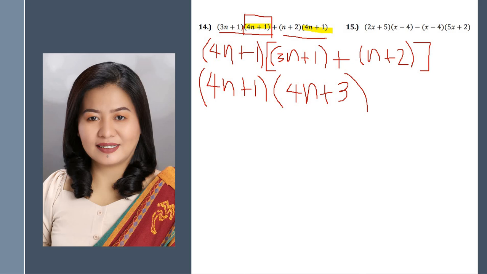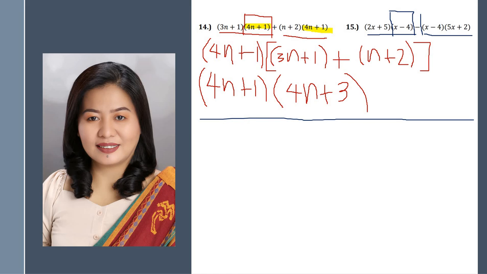So we move on to number 15. Since we don't have space there, we'll be writing it down below. Our given is (2x plus 5) times (x minus 4) and (x minus 4) times (5x plus 2). So our common factor is x minus 4.